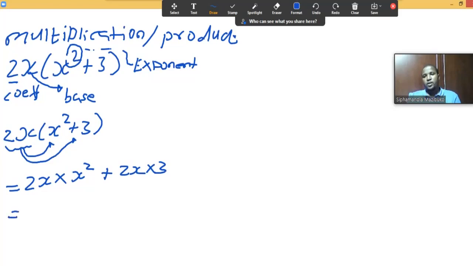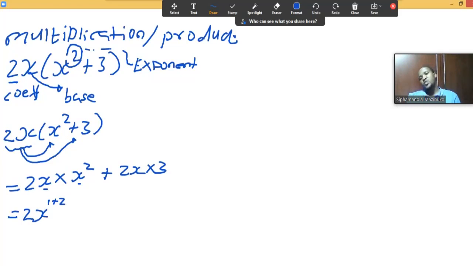So let's look at it. Because here we only have one coefficient, which is 2, we keep our 2. And then we multiply x times x squared. When the bases are the same, you add the exponents. So this will result in x to the power 1 plus 2, because the bases are the same, which is x.